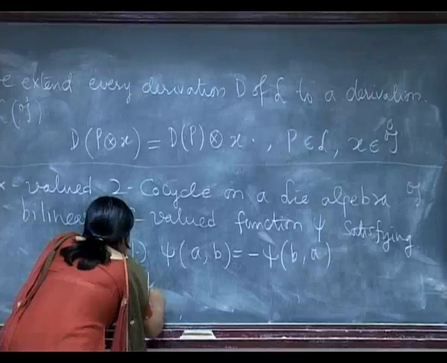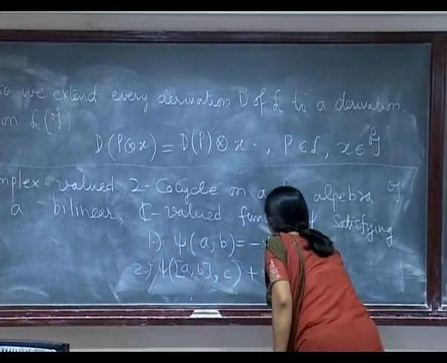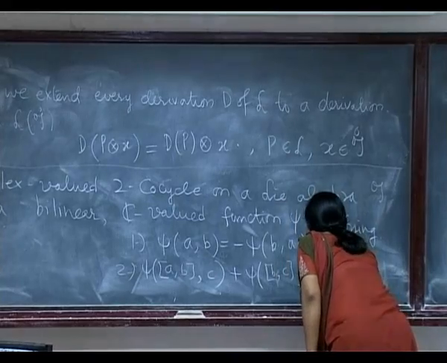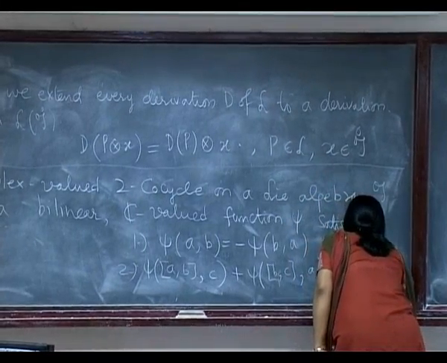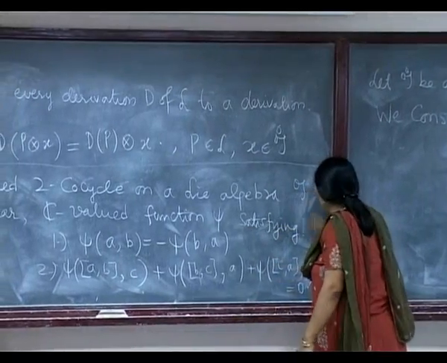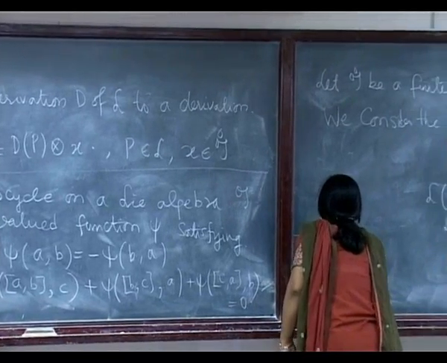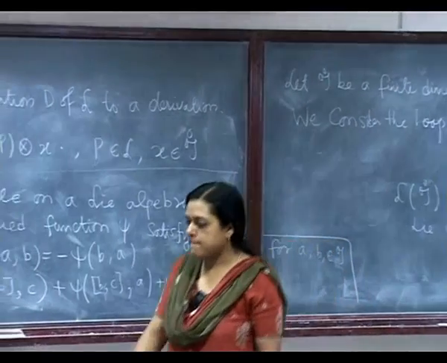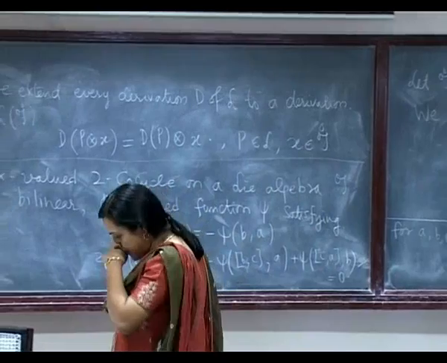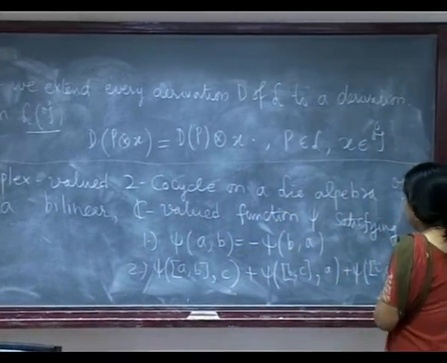Second one is psi of A bracket B, C plus psi of B bracket C, A plus psi of C bracket A, B is equal to 0 for A, B, C belongs to the Lie algebra G. So, this is a bilinear complex valued function which satisfies these two properties, and so now on this we define a complex valued 2 cocycle.